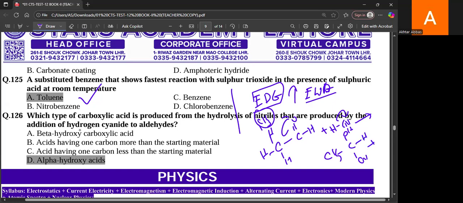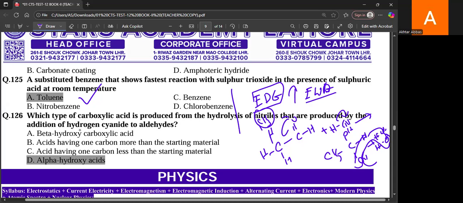So by hydrolysis it gives an alpha hydroxy carboxylic acid. How does it form? It reacts with two OH negative ions. This carbon reacts with OOH and forms carboxylic acid, and this nitrogen reacts with 3 hydrogen atoms to form ammonia.